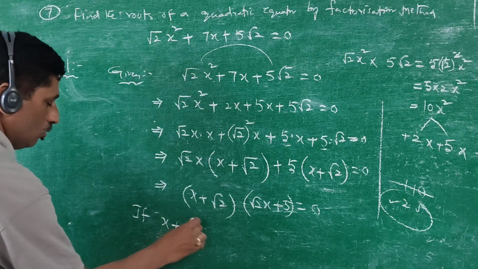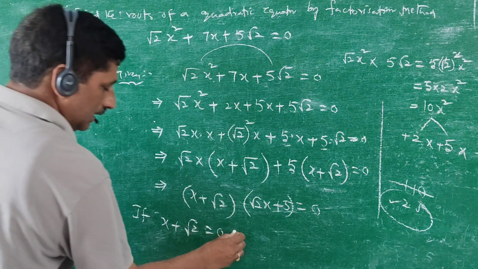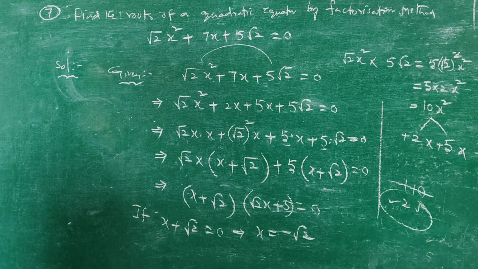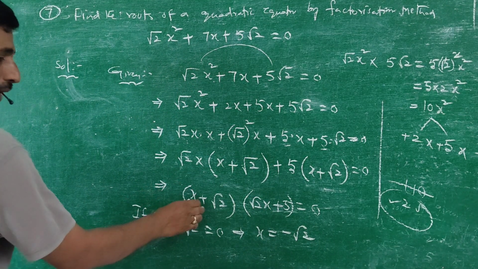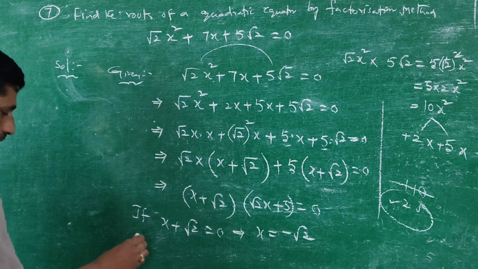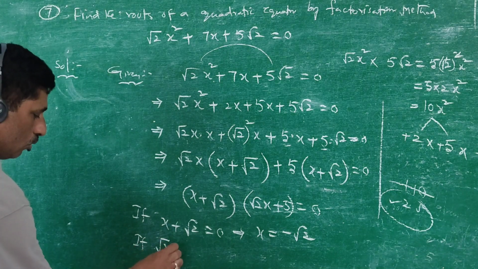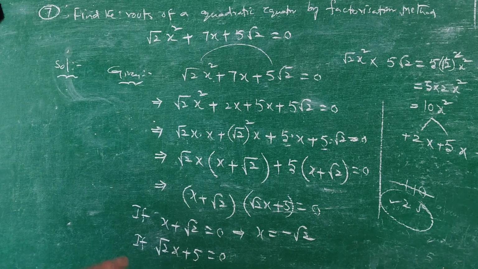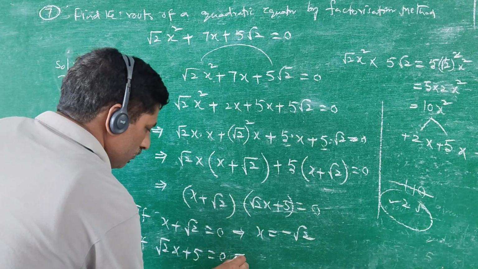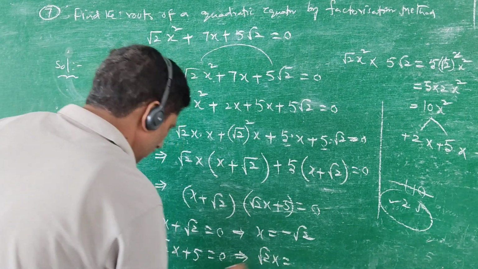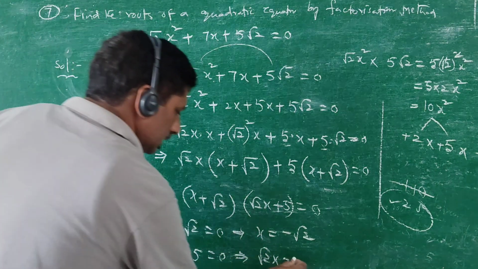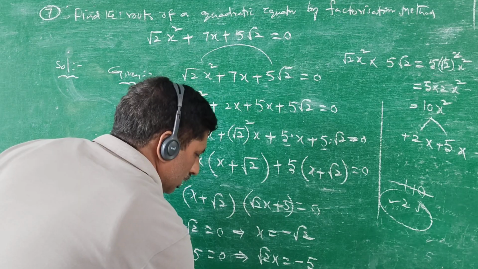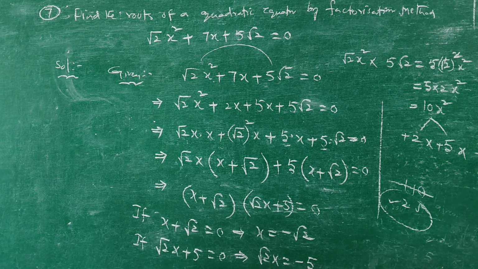If x plus root 2 equals 0, then x equals minus root 2, which is one of the roots of the quadratic equation. Then the second one: if root 2x plus 5 equals 0, then root 2x equals, transposing plus 5 to the right side, minus 5, and x equals minus 5 by root 2, which is the other root.